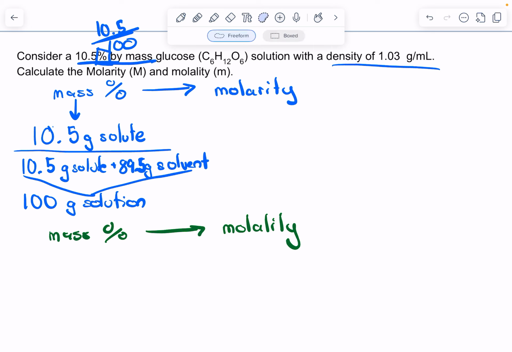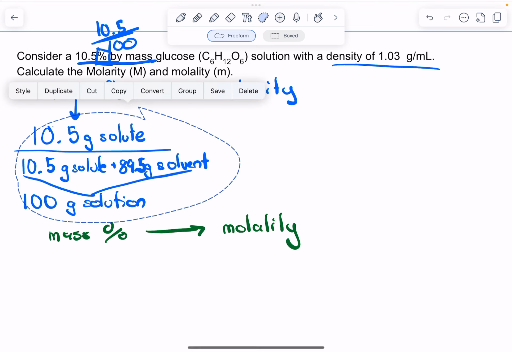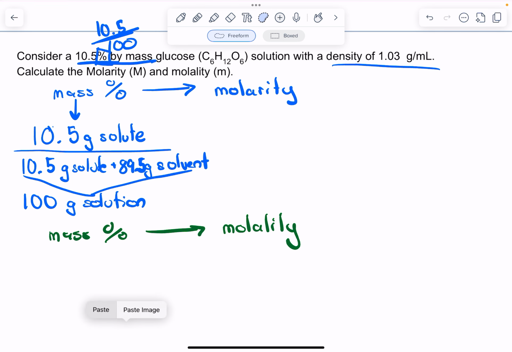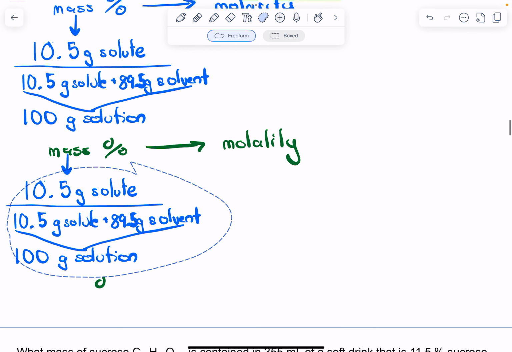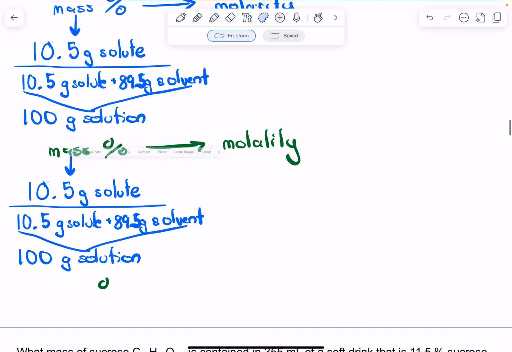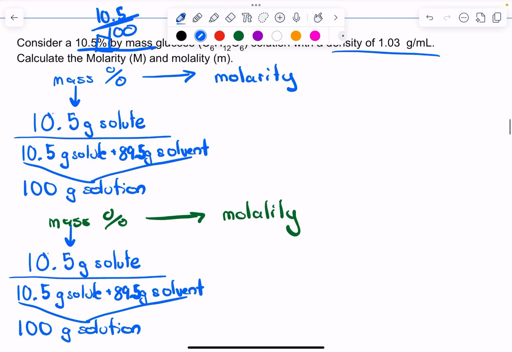At this point, this calculation is going to be identical for the first problem as the second, so I'm going to copy and paste that down here. The molality in this case is going to be easiest, so we're going to do that first. But I want to show you the beginning part is going to be identical.